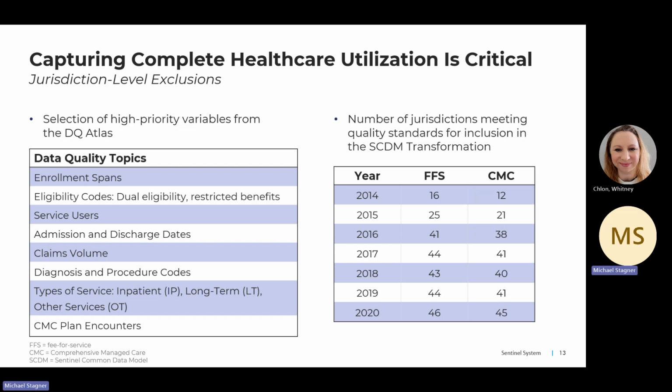But this list right here were the ones that were determined as critical for data quality for inclusion. The high priority variables were selected in an attempt to specifically determine whether any widespread data quality issues might exist and would necessitate that all of the data for a jurisdiction year and plan, either fee-for-service or comprehensive managed care, would be excluded from the Medicaid EPL.